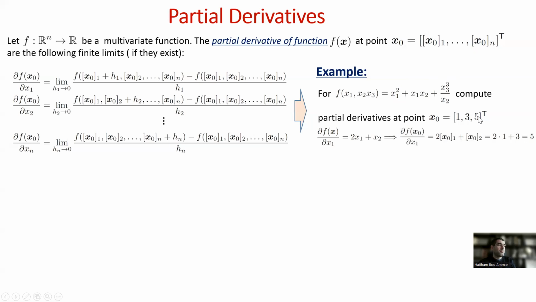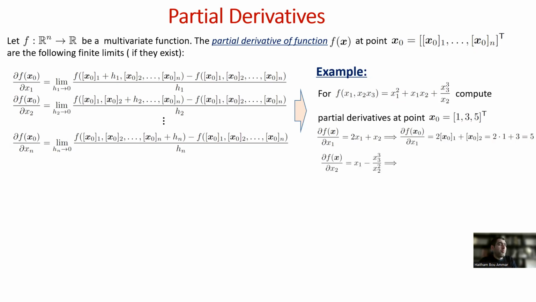Please notice that because of this specific form, we never use the x3 value, because this partial derivative does not depend on x3 at all.